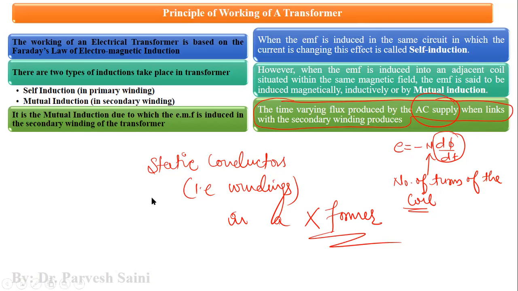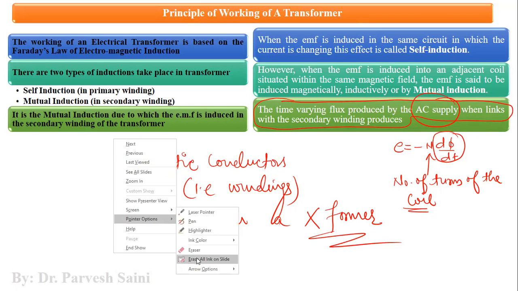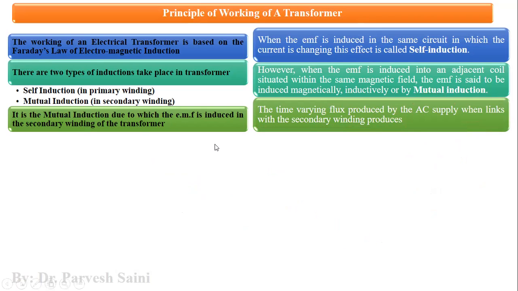So having the conductor static, we have the EMF induced in the secondary winding. It is either the conductor moving in a static magnetic field, or it is the time varying flux with the conductor static. So in both cases, if there is a relative movement between conductor and magnetic field, the EMF will definitely be induced in the conductor. So this is what Faraday has suggested.